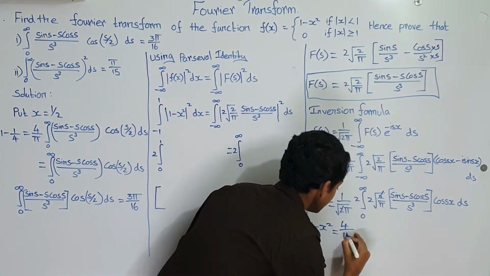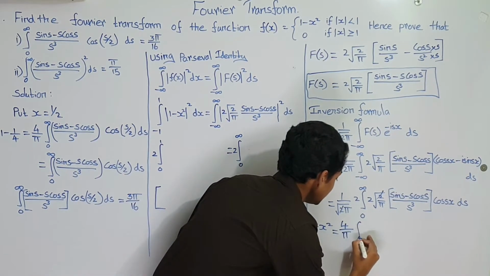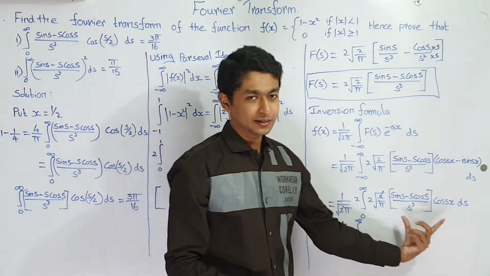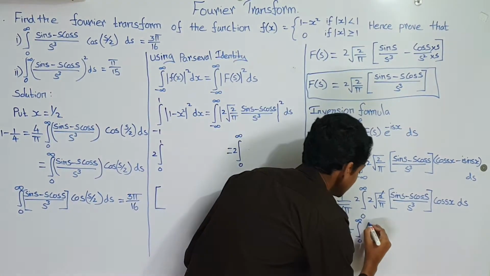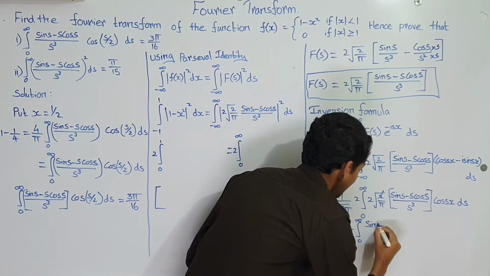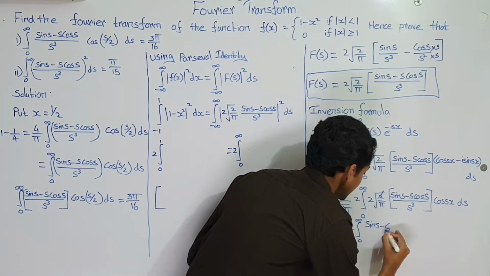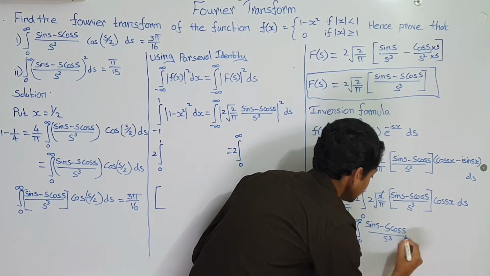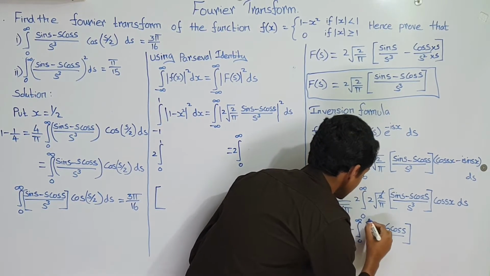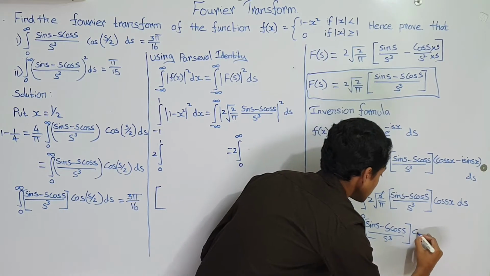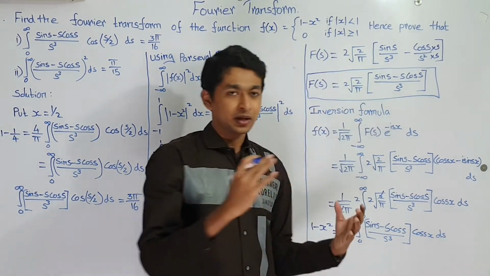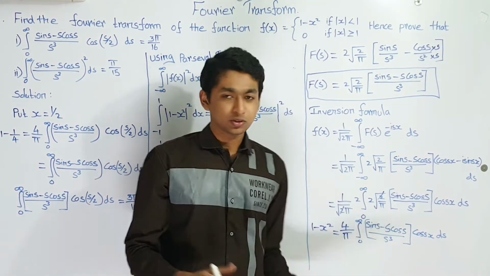So pi, integral 0 to infinity, and the balance we can write as it is. So sin s minus cos s by x cube ds. So now this answer is almost equal to the question.